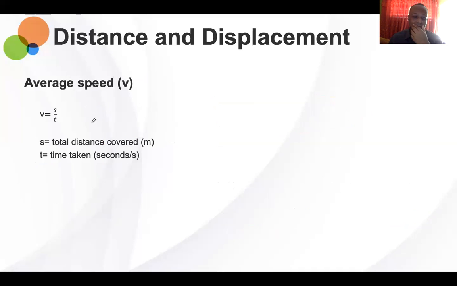As we said, the average speed or velocity uses the same formula to find it. But in different cases, we just have to ensure that we state whether it is in a particular direction, or we just need to know about the size.